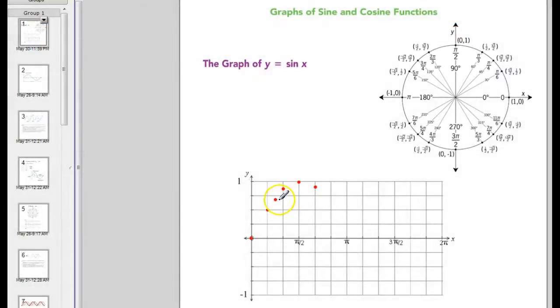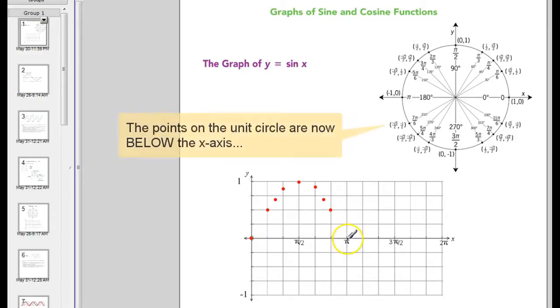And then that's going to be 3 pi over 4 right there, right between pi over 2 and pi. So I would hit about right there. Alright, and then again I'll be at 1/2 at 5 pi over 6, which is pi over 6 less than pi. So I'd be back at a half. Alright, and then when I get to pi, the sine, the y coordinate, is 0. So I'm back down to here.